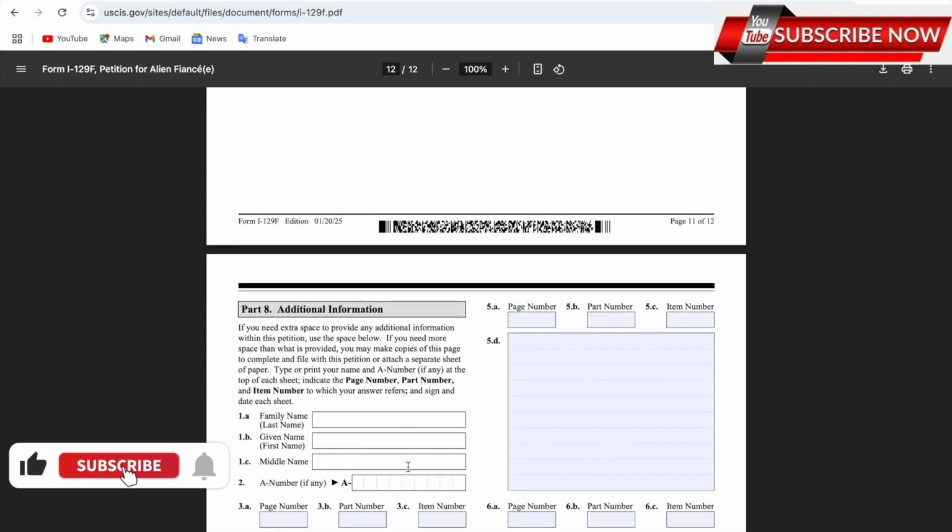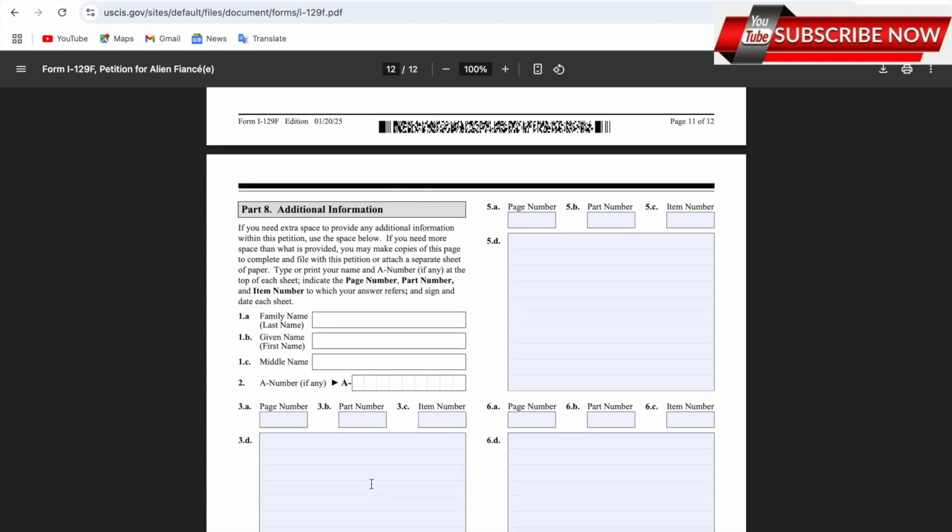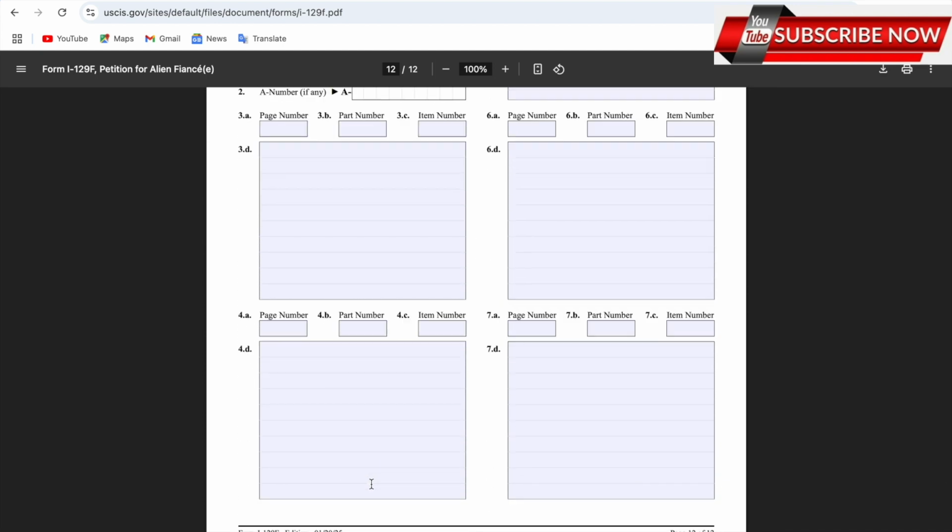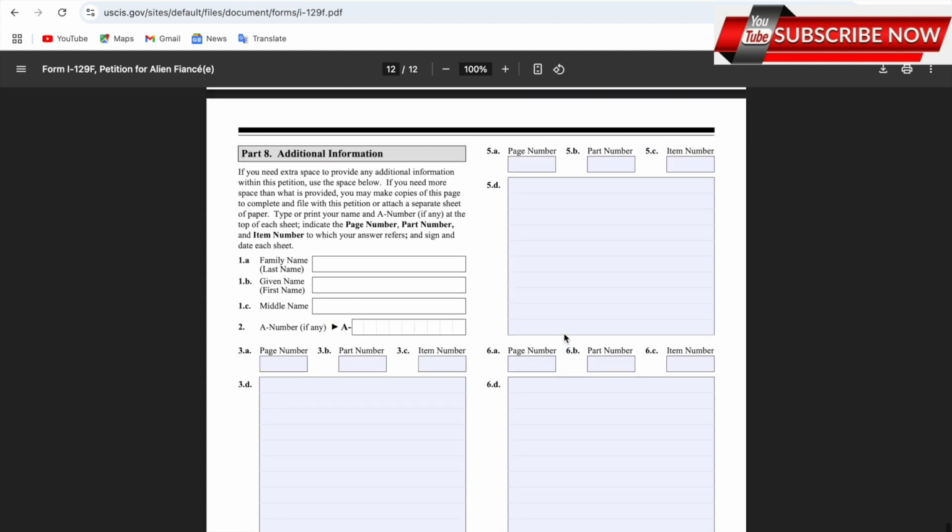If when you are filling out the form you needed additional information, this is the additional information page where you can add it. As you can see, 4B, it says if you need additional information, you put in that additional information over here. So 5D, it goes with the number that requires additional information. But if you don't need additional information, you don't have to worry about it.